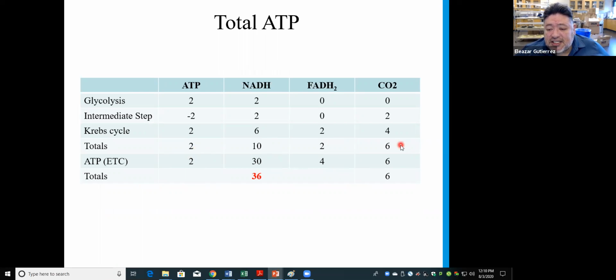And then the 6 just carries over. Now the totals is 2 plus 30 plus 4, which is 36. And that's the correct answer. That's the medical school answer. 36 ATP per sugar. And look at this. 6 CO2s.